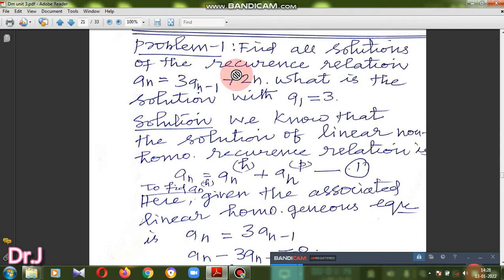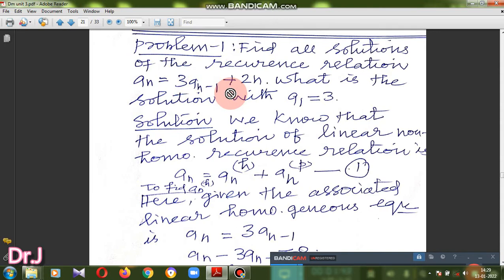Find all solutions of the recurrence relation a_n equals 3a_(n-1) plus 2n. So is this homogeneous or non-homogeneous? Of course, this is a linear recursion equation, but whether it is non-homogeneous or homogeneous, that's what we have discussed here.